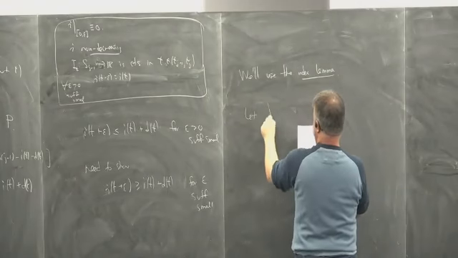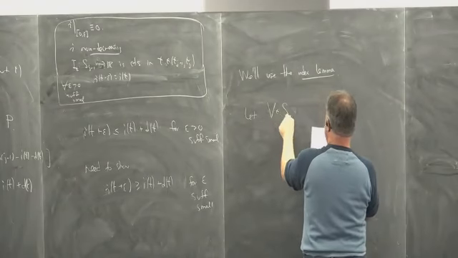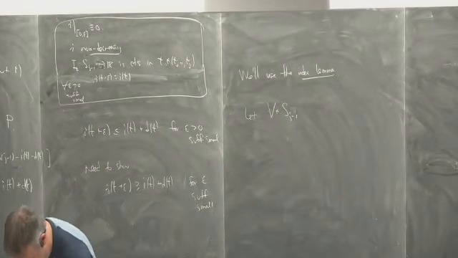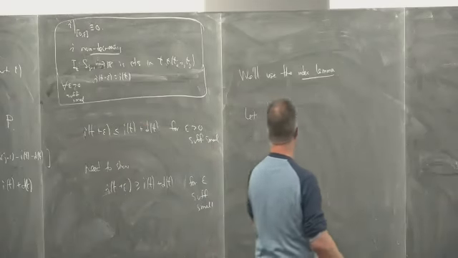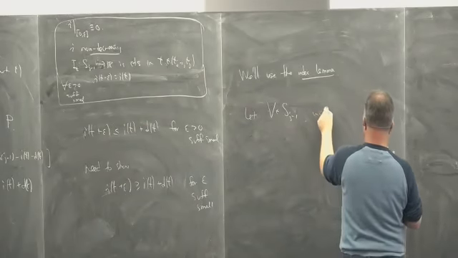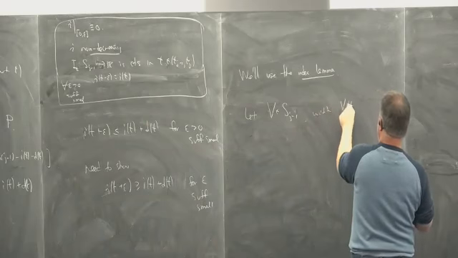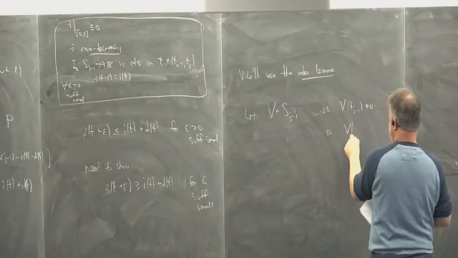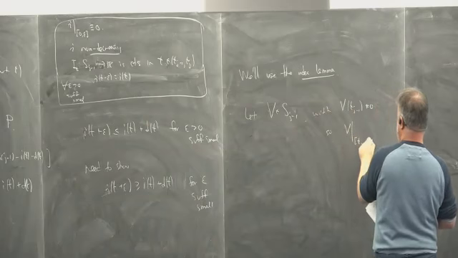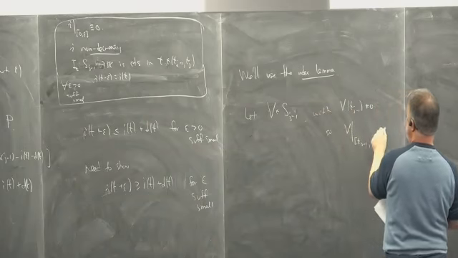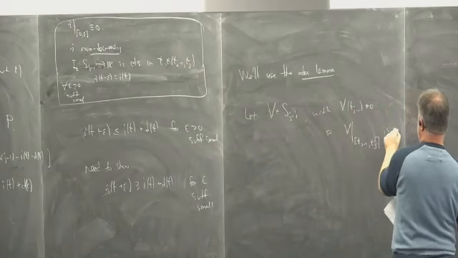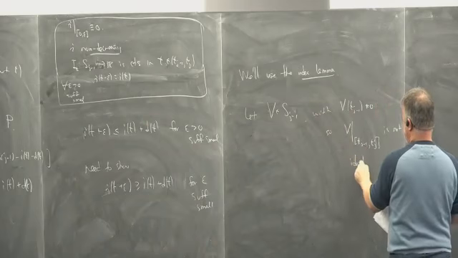So let V be in Sj minus 1, with V of Tj minus 1 not equal to 0, so that the restriction to Tj is not identically 0.